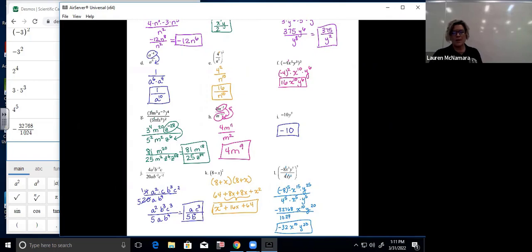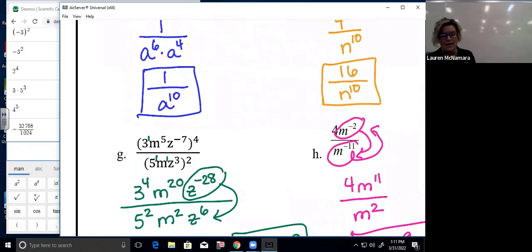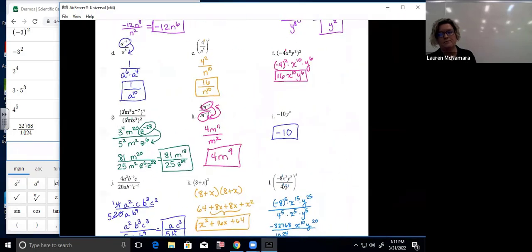But just remember that G and L right here are very different questions, because this one I had a 5 on the outside of the parentheses, which was the whole thing, whereas this one I had different exponents in the numerator than the denominator.